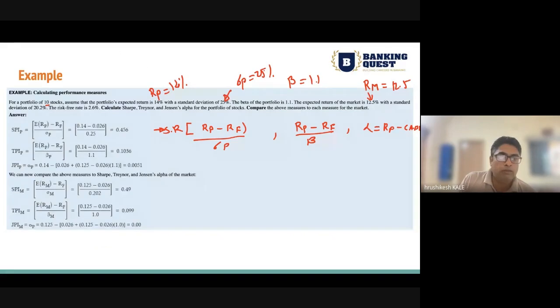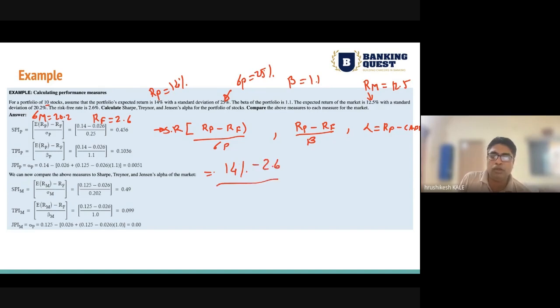Standard deviation of the market is given as 20.5. Risk-free rate is given as 2.6. So for calculating the Sharpe ratio, you have return of portfolio 14% minus 2.6% upon 25%, and you will get the answer.